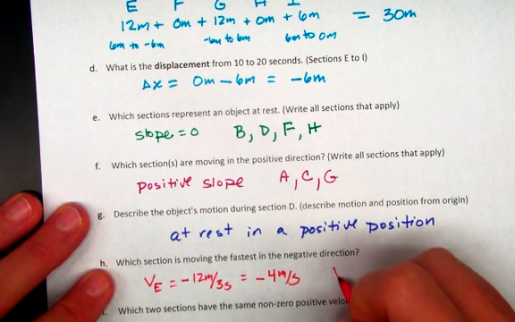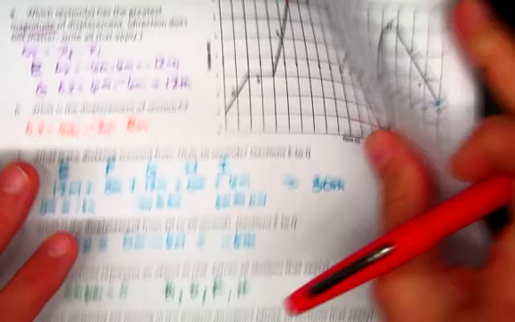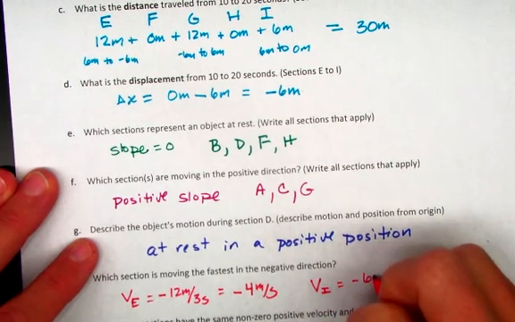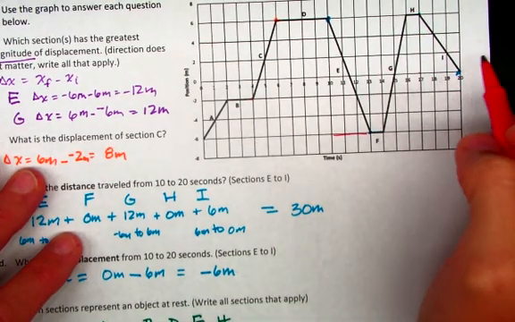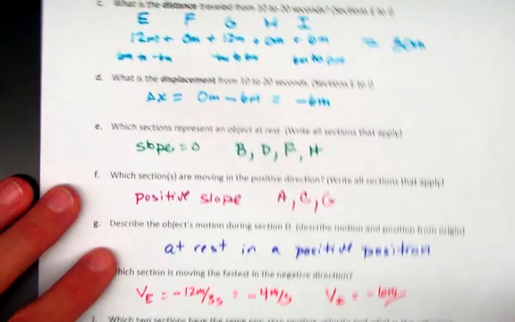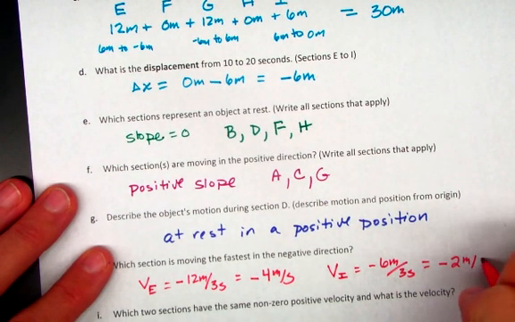Now the velocity of I: let's take a look at the change in position. We're going from 6 to 0, so that's negative 6 meters, and we're doing that during also 3 seconds, from 17 to 20. So this equals negative 2 meters per second.